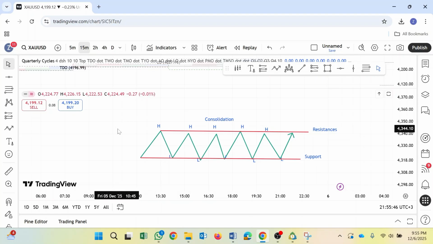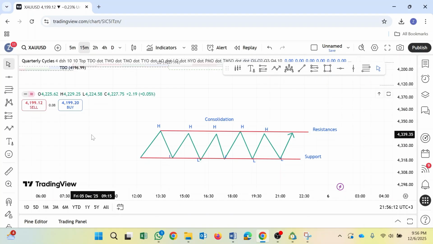There are people who have been trading this support and resistance on a consolidation. It may not bag you huge profits because you're just waiting to predict that price hits here and goes down to the lows, to the support, and goes up. There are people who even get a lot of money, and those are the guys we call scalpers.